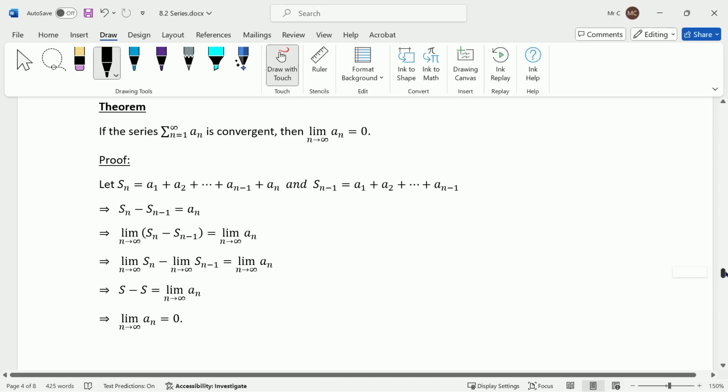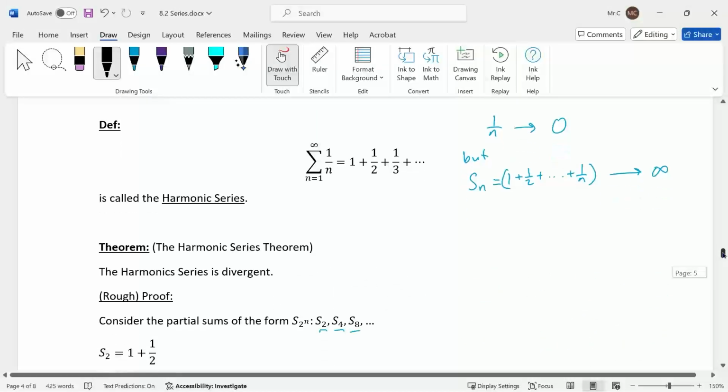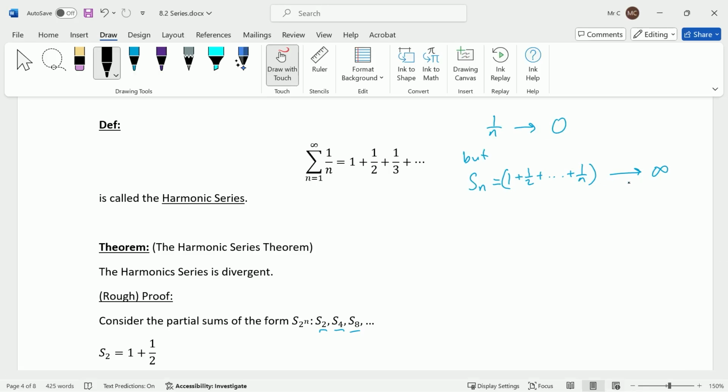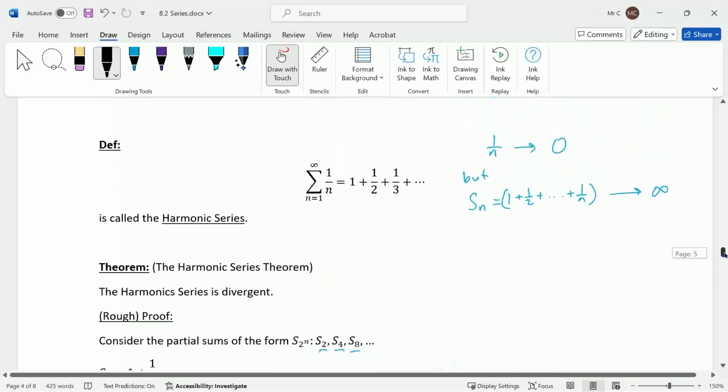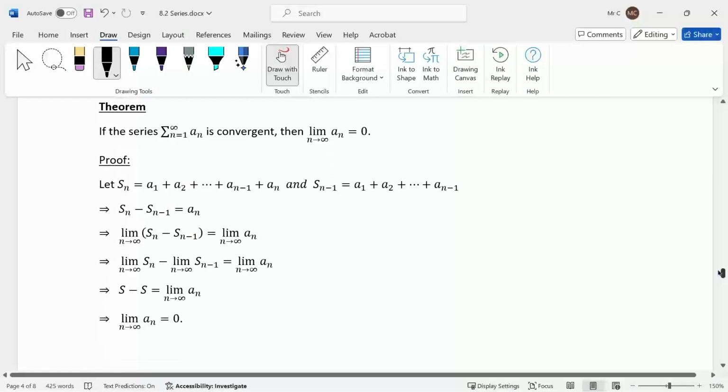So let's go back up here. Here, we had the terms going to 0, but the sums do not. They approach infinity. They diverge. So this is quite the opposite statement. So even though the terms going to 0 does not give us convergence necessarily, if we already know that the series converges, then we do know that the terms must have gone to 0.